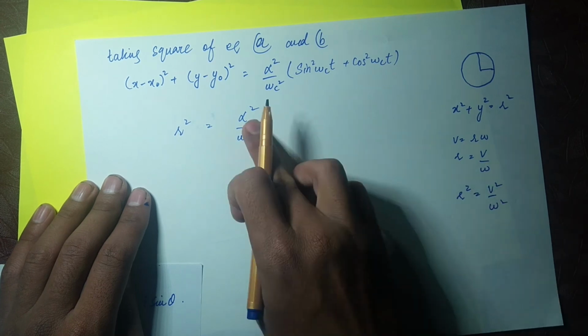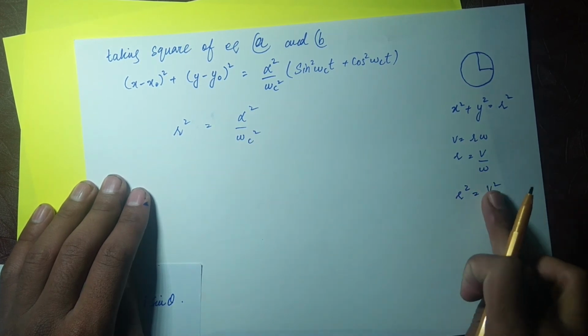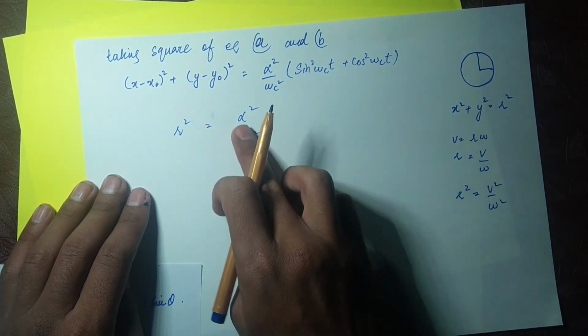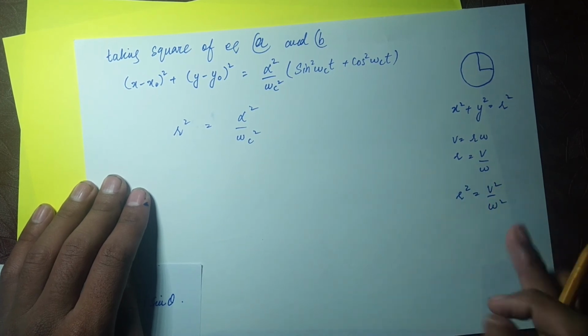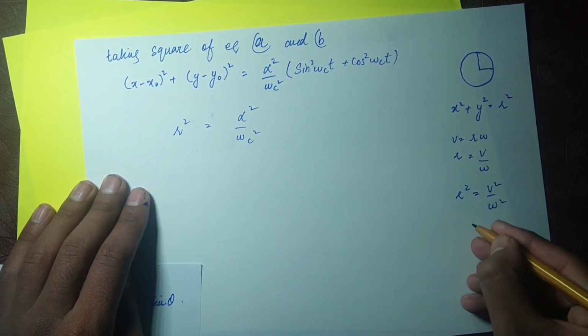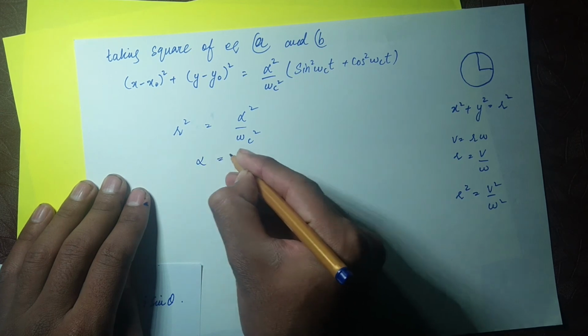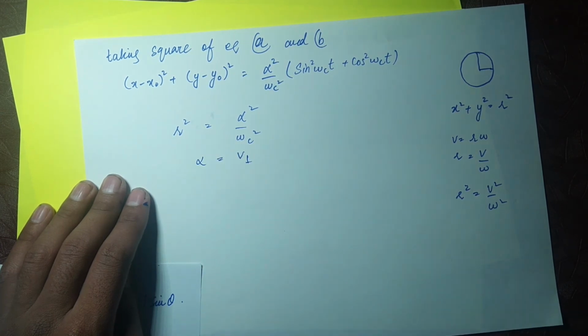Here we have alpha and here we have v, so alpha is equal to v, and from that we can say alpha is equal to v perpendicular.